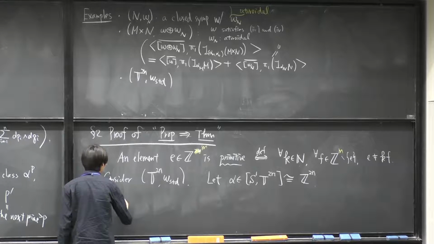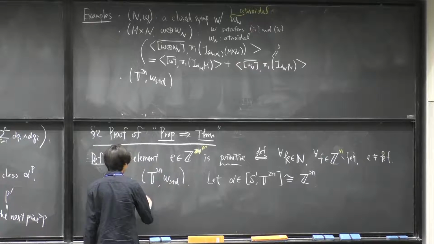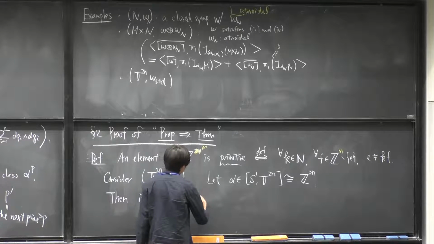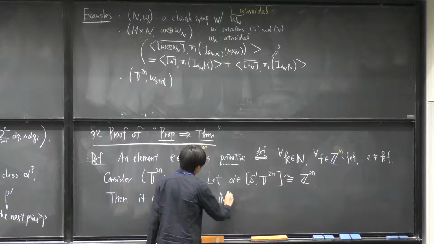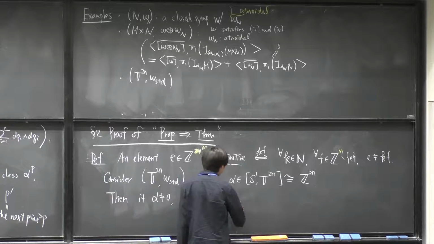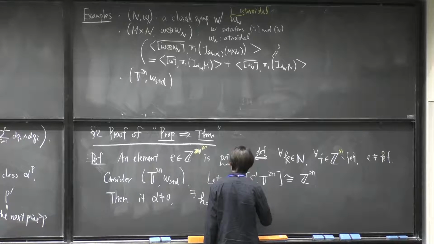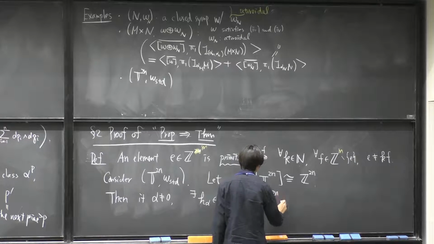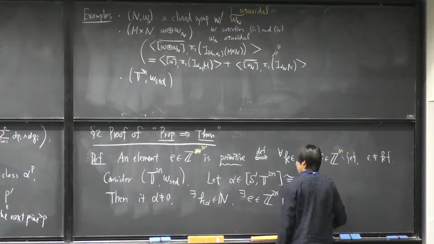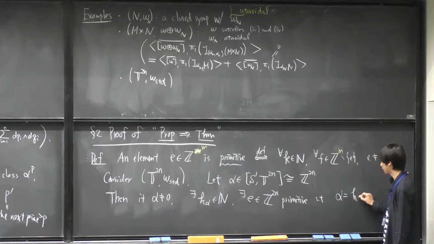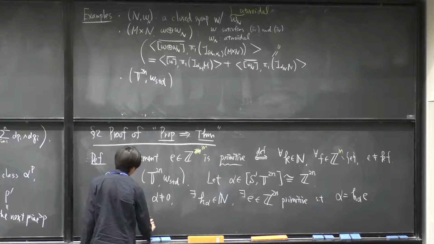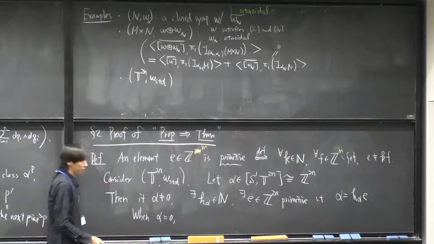Then if alpha is not equal to 0, there exists a positive integer H alpha and a primitive vector E such that alpha is equal to H alpha times E. And when alpha is equal to 0, we put H alpha equal to 0.